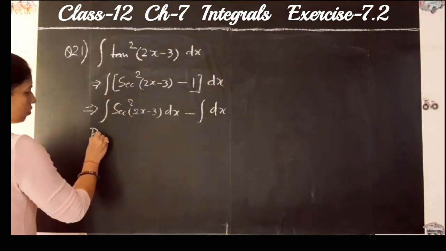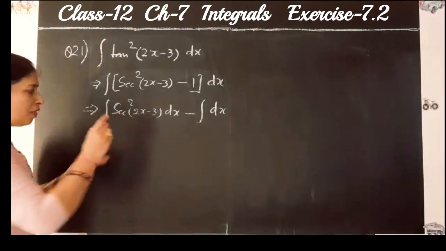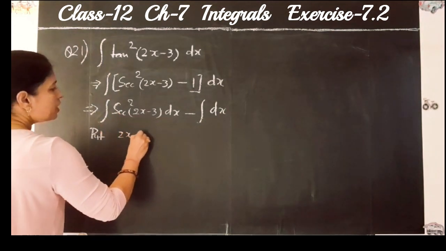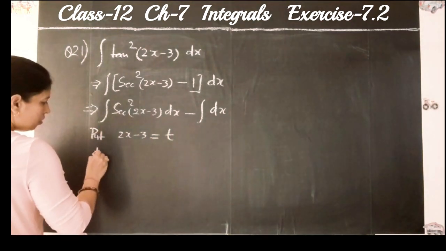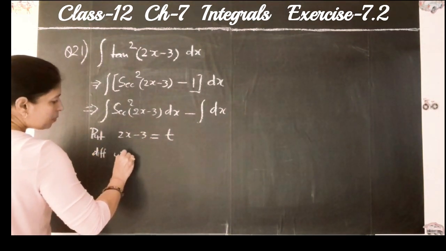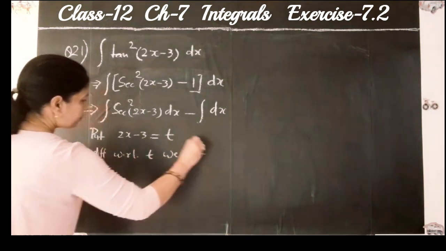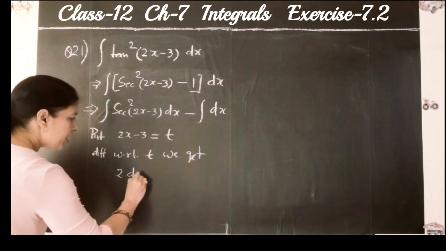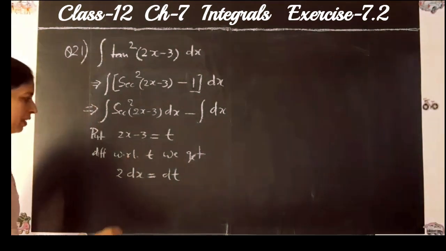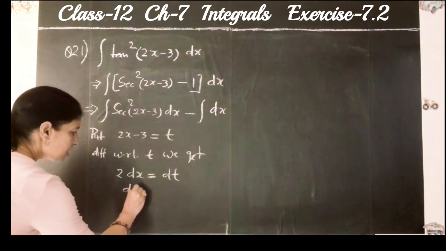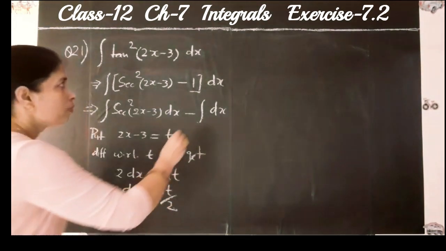Now in place of x, here it is given 2x minus 3. So first we put 2x minus 3 is equal to t. Then differentiate with respect to t. We get 2 dx is equal to dt. Because 3 is a constant, so it will be 0. So in place of dx, we can write dt by 2.